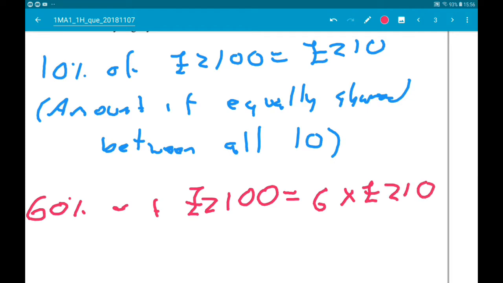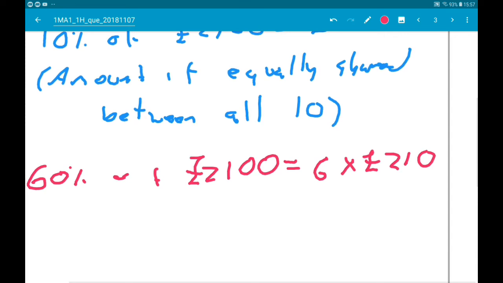So 6 times 200 is 1200, 6 times 10 is 60. So that's going to be 1260.